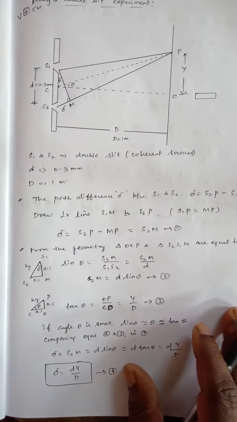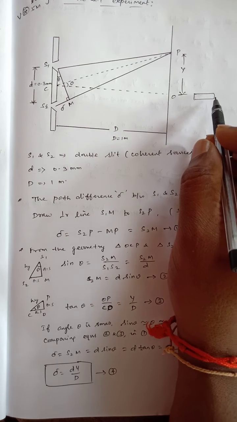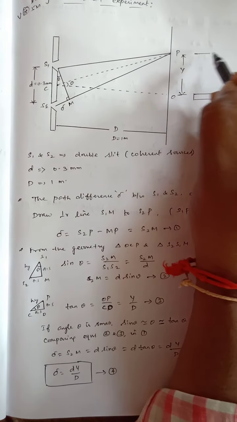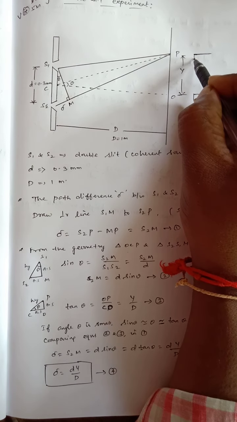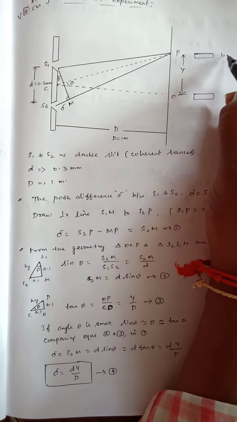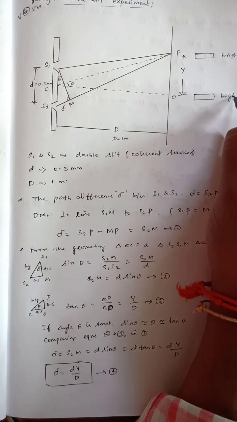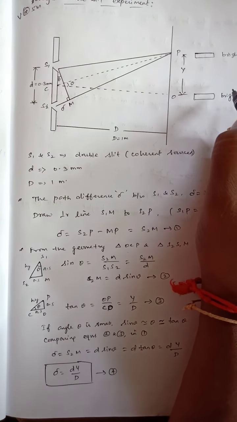I told you the center point will be maximum, that is a bright fringe. If point P is considered bright, here also bright, here also bright. We already know we get alternating fringes like this.